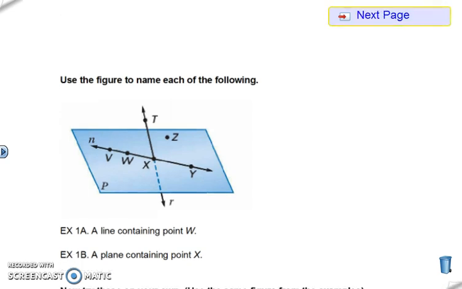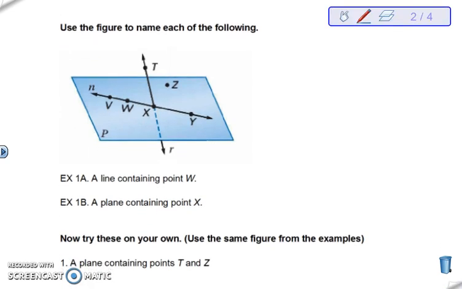Alright, so we notice we have a figure. We've got a plane, a couple of lines, and a bunch of points. When they label this stuff, we notice there's a little P in the corner. That tells you that the plane is called plane P. The letters next to the points are the names of the points.